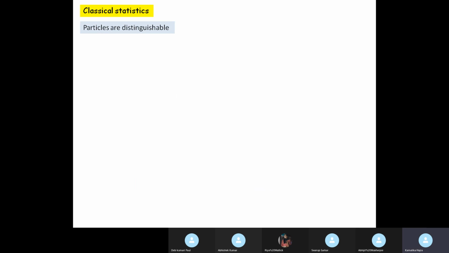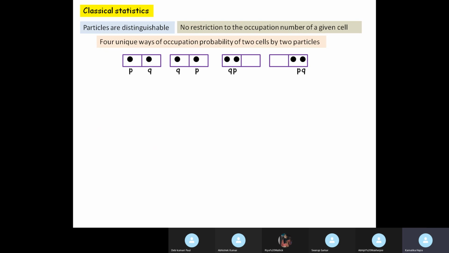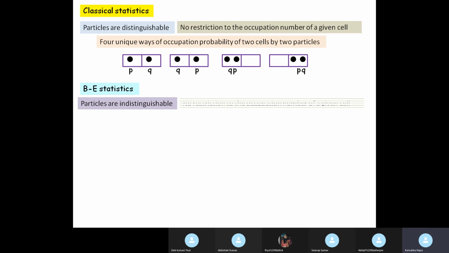So classical statistics, just a quick recap. Particles are distinguishable. No restriction on the occupation number of a given cell. So 4 unique ways of occupation of 2 cells by 2 particles. These are the 4 unique ways. All right. Bose-Einstein statistics, particles are indistinguishable.